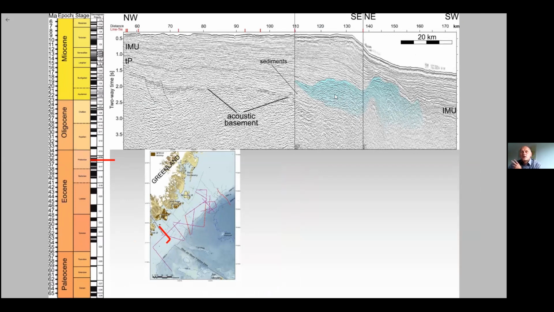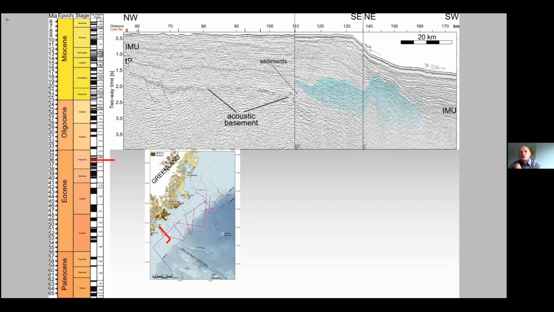And these were emplaced later from the relationship with the acoustic basement that dips down here. And this should have the age of the breakup of the Greenland Sea. So there are sediments emplaced in between before these volcanics came in.